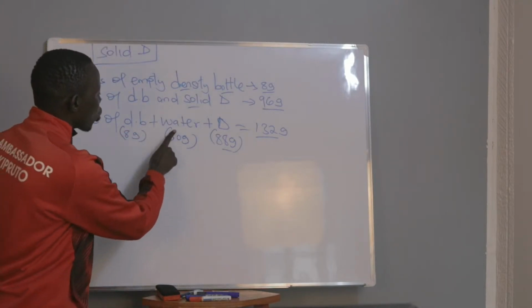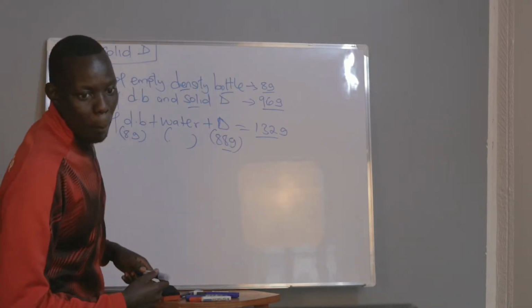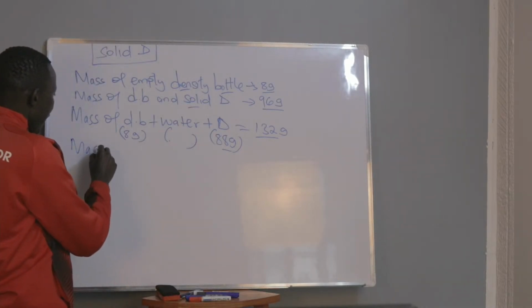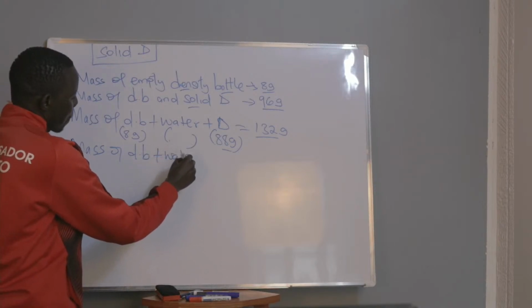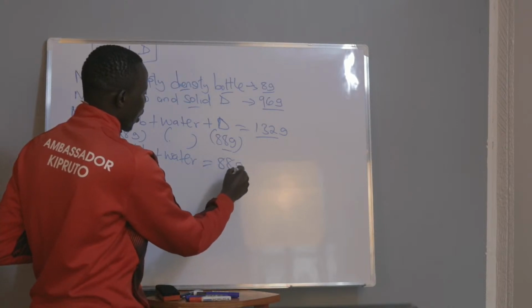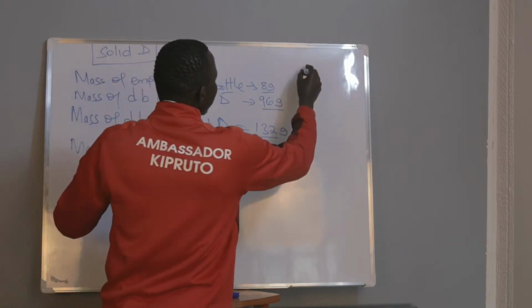Commit kupea mass of water. Sema 30 grams. But from our second statement down there, mass of this bottle plus water ni ngapi? Imeambiwa ni 88 grams. Can you get the mass of water?